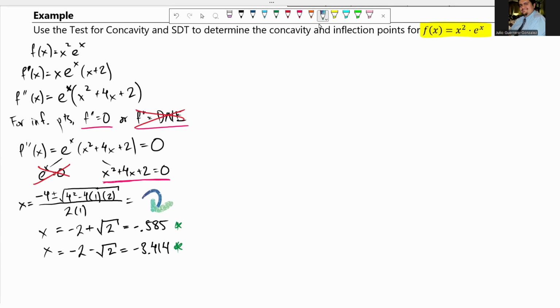What I want to do first is illustrate the second derivative test, and then we'll do the test for concavity afterwards.